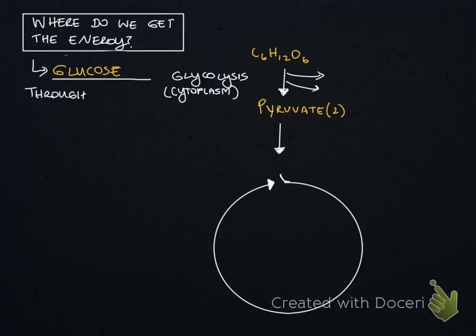The energy we formed: we've made two electron carriers and two ATPs. So really not a whole lot of energy yet. There's an intermediate stage that goes from the pyruvate to the acetyl-CoA.